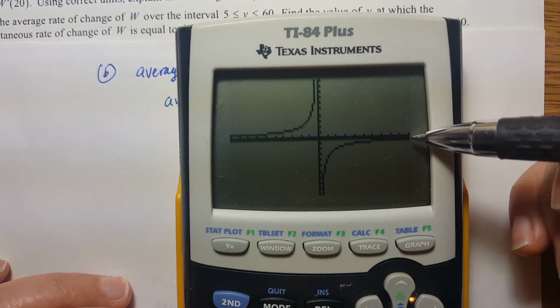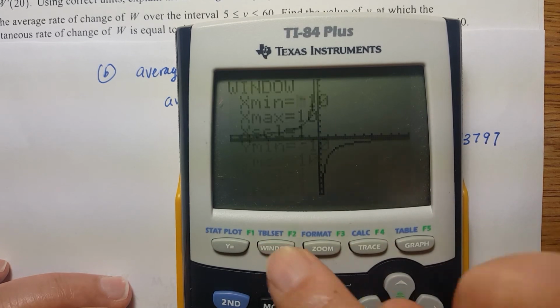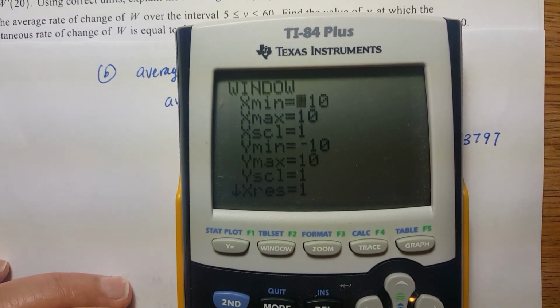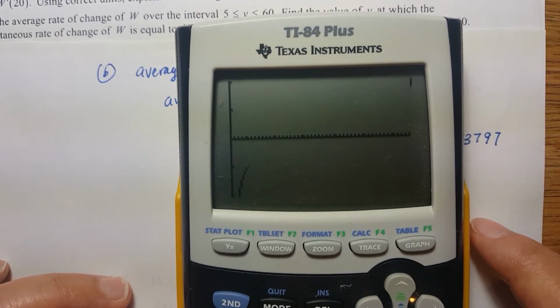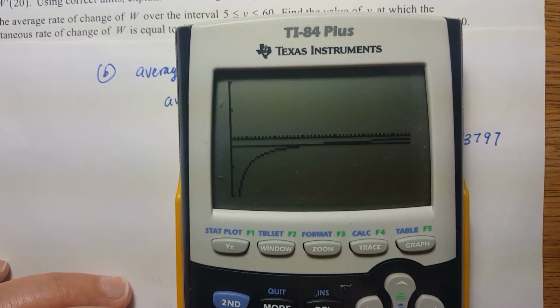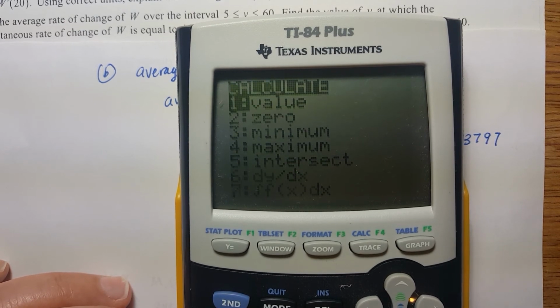Okay, so it looked like the point of intersection is over here. We cannot see it, so we change the window. I'm going to make my x min equal 0, and I'm going to make this into 50. It looks like it's very close to the x-axis, so therefore I'm going to shrink the y value. Now we're going to graph again. And then we're going to do second trace, number 5 intersection.